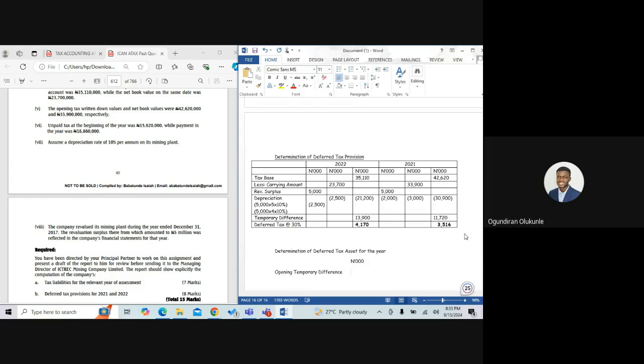You have 11,720. And then you have closing temporary difference. How much is the closing temporary difference? 13,350 and 3,900. I didn't say deferred tax. I said the temporary difference.